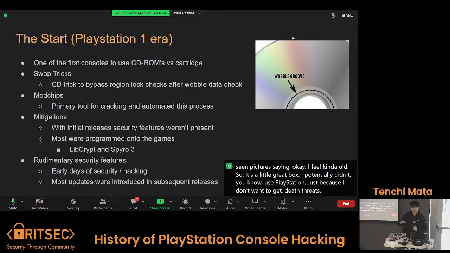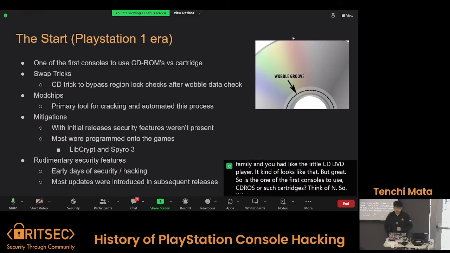You have a little port to plug in your controller, and then you have a little CD-ROM thingy. If you took trips with your family and had the little CD DVD player, it kind of looks like that, but gray. It was one of the first consoles to use CD-ROMs versus cartridges. Think of N64, NES.